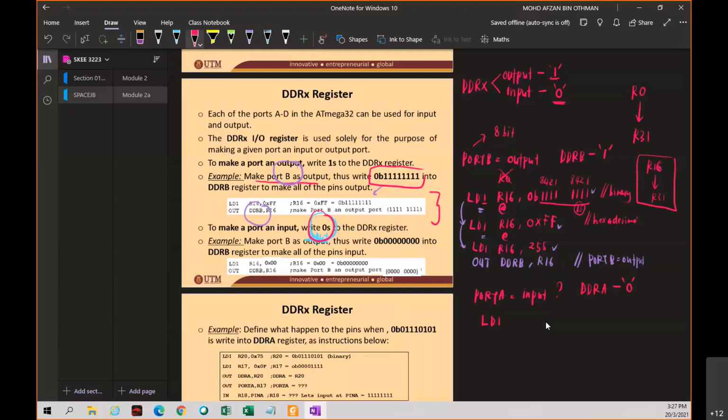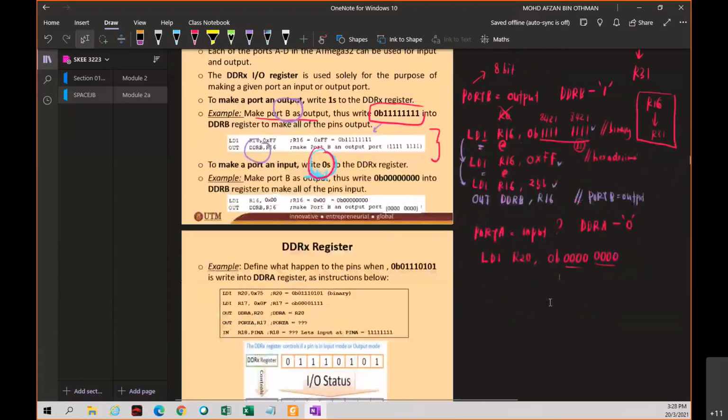Okay, contoh untuk port A, saya pakai load I R20 misalnya. Okay, saya nak letak kosong ni tadi. Okay, masukkan 0B00000000, sebab kita ada 8 bit. Okay, masukkan this number to R20. Okay, and then out DDRA. Kenapa nak DDRA?